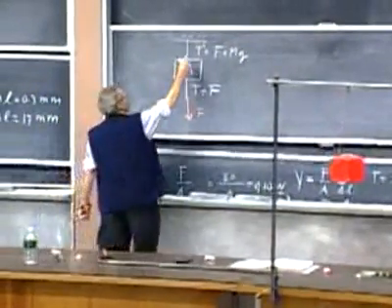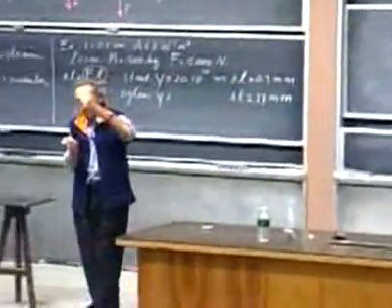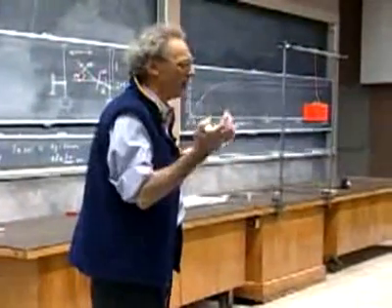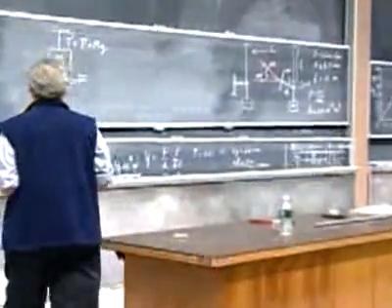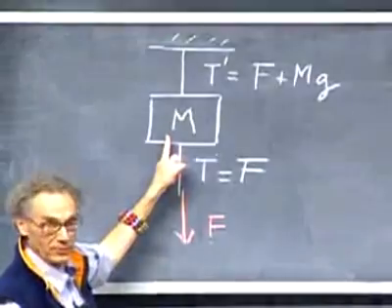What does it mean that this string is going to break? It means that the string has to get longer by a certain amount delta L before it says, sorry, I got to go, and it breaks. For this string to get longer by delta L, this block has to come down.